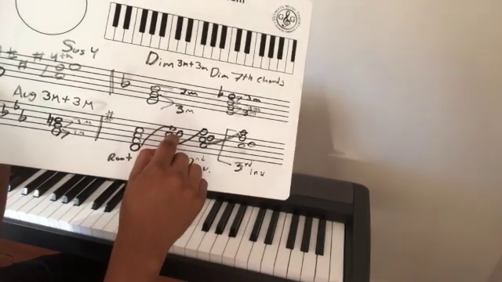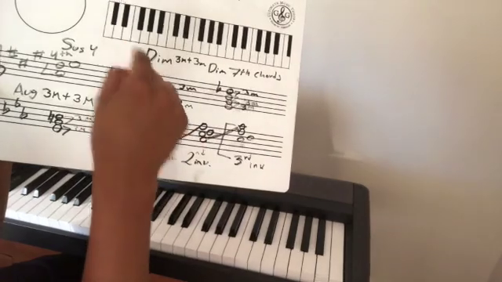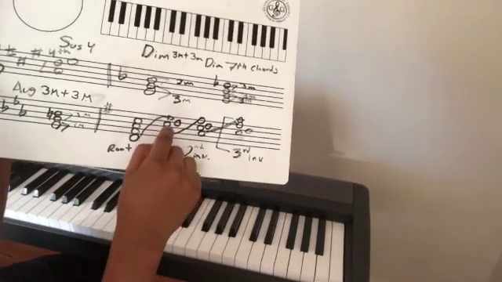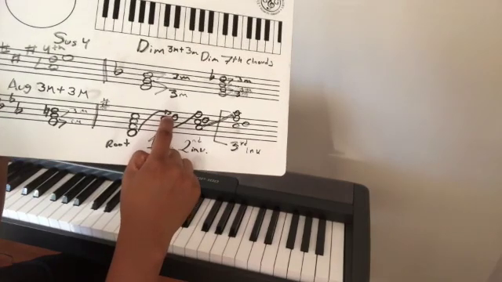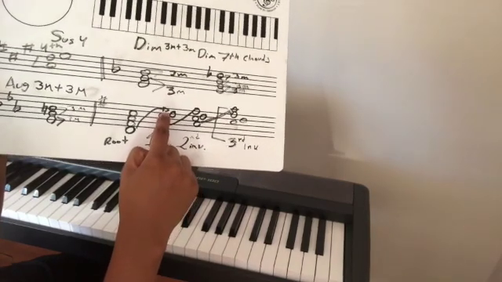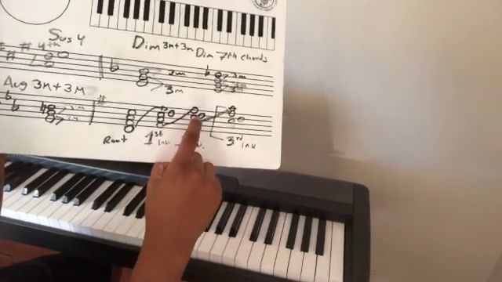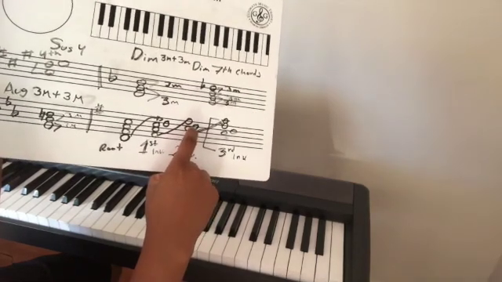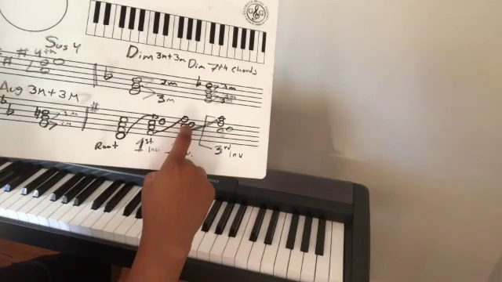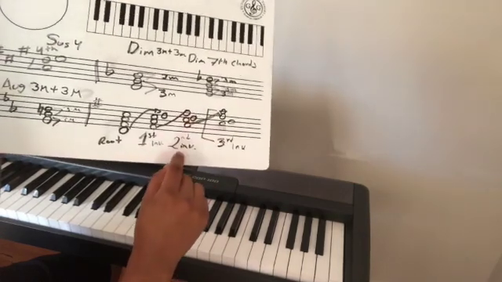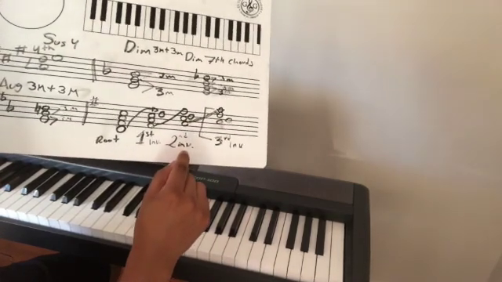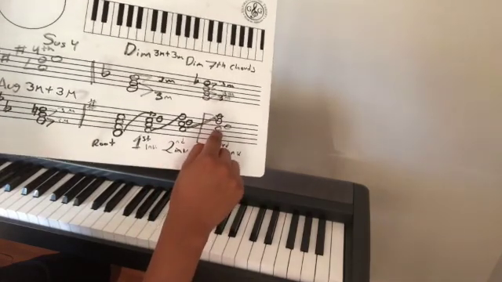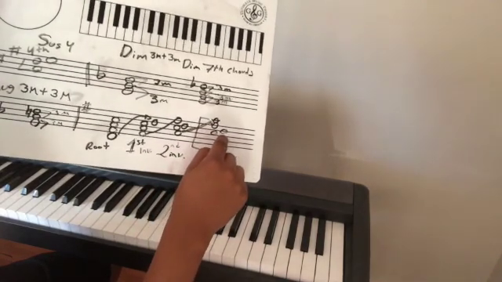So this second will be kind of going all the way from the top to the bottom. See here in the first inversion, the second is on the top, in the top interval, and then in the second inversion, it comes to the middle, right? So if you see that there is a second in the middle, then it's the key that it is a second inversion, and in the third inversion, the second comes all the way to the bottom.